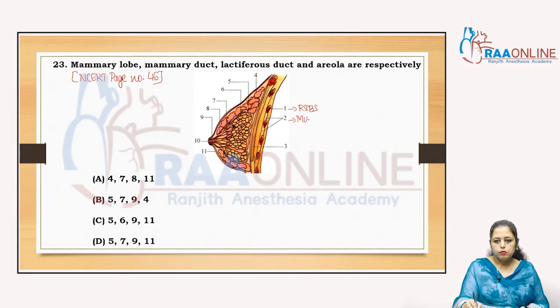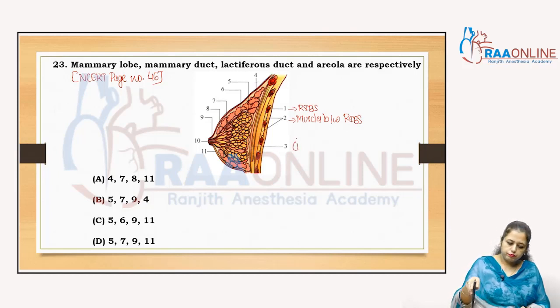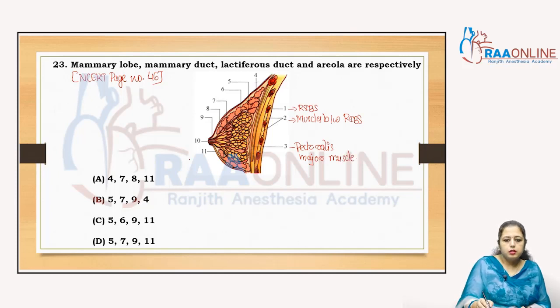So muscles between the ribs. That third one shows the pectoralis major muscle, right?